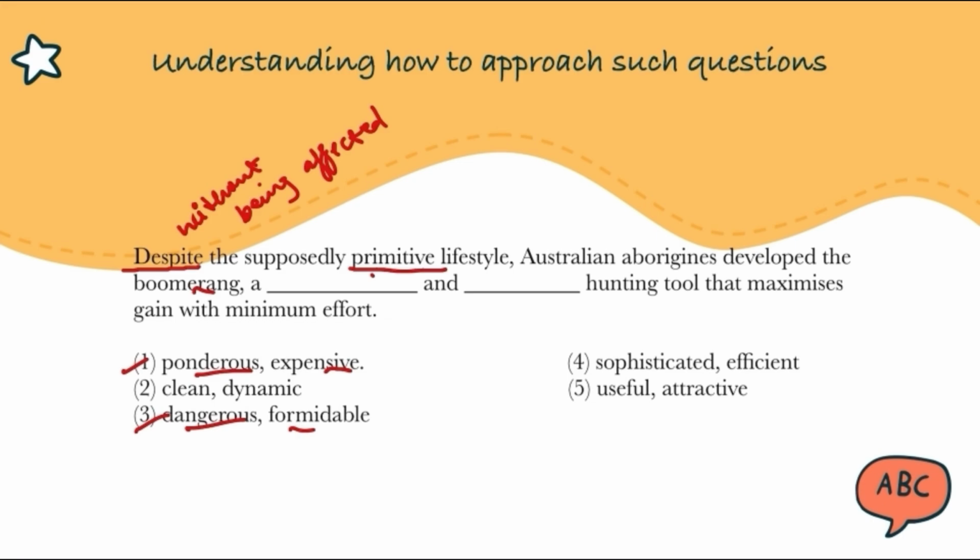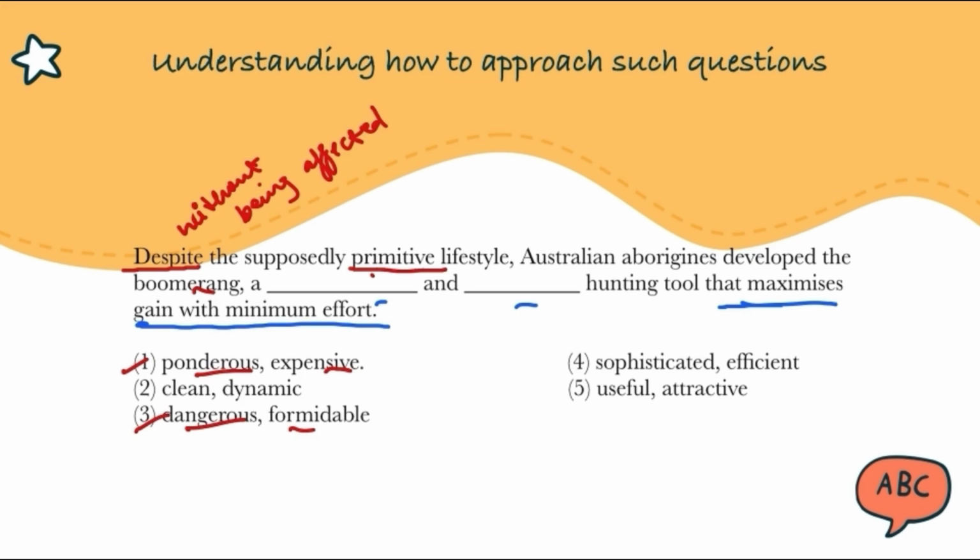Another thing is, it says maximizes gain with minimum effort, right? So these blanks should somehow give us a platform to build on this idea of maximizing gain with minimum effort.